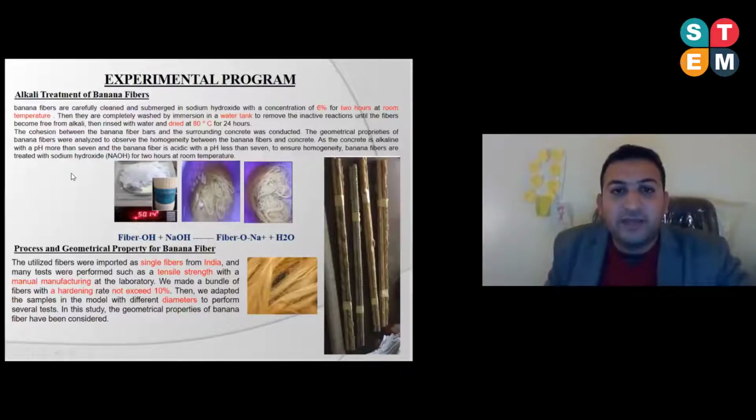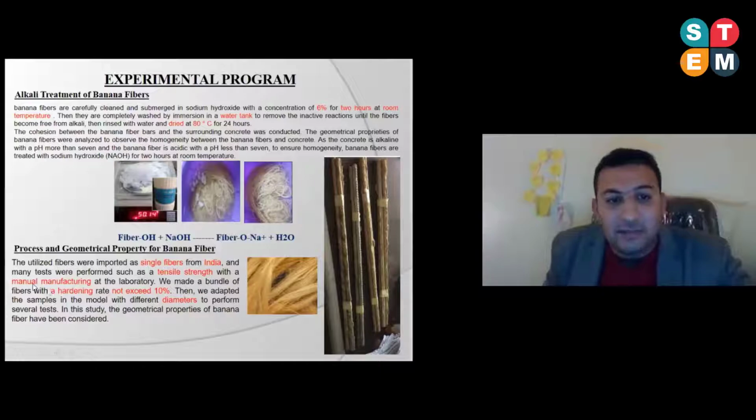Alkali treatment: we take the banana fiber and give it alkali treatment by putting it in NaOH at 6% for 2 hours at room temperature. For the geometrical properties of the banana fiber, we brought the single fiber from India and exposed it to the tensile strength test.